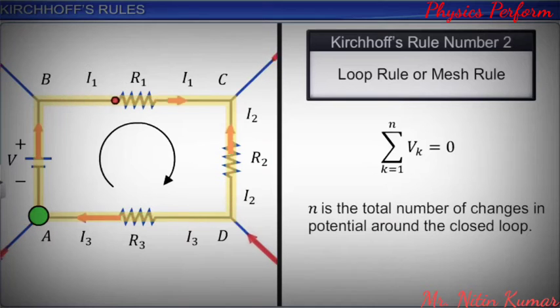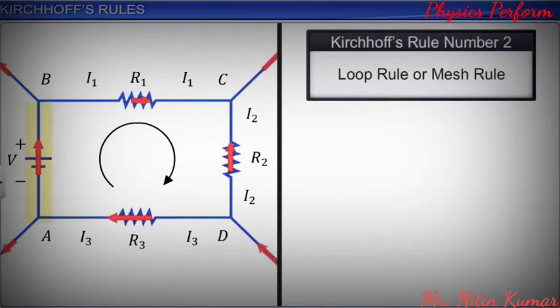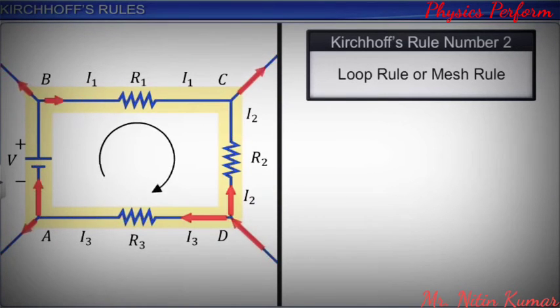So, starting from any point in the loop, if we come back to the same point, the sum of potential changes must be 0. A, B, C, D, A is one of the closed loops in a complicated circuit. Starting from any point in the loop, we walk through the loop either in a clockwise or anti-clockwise direction and write down the change in potential.